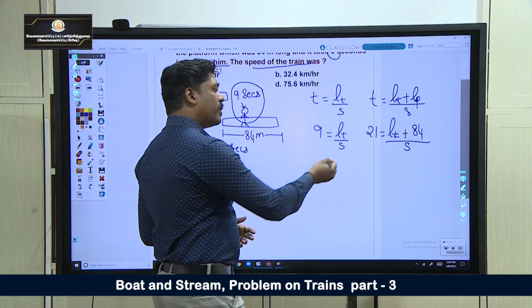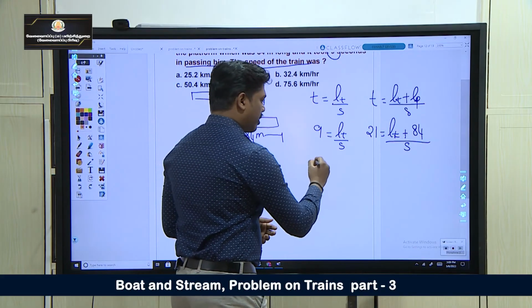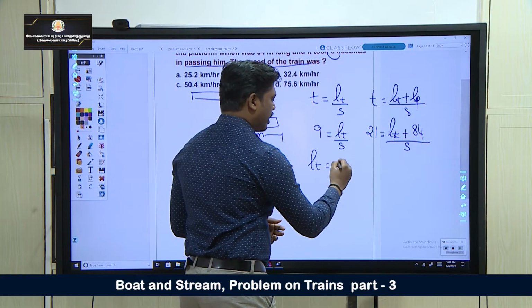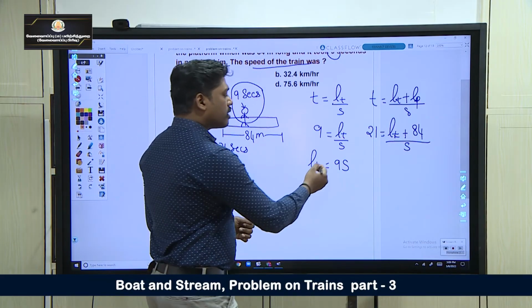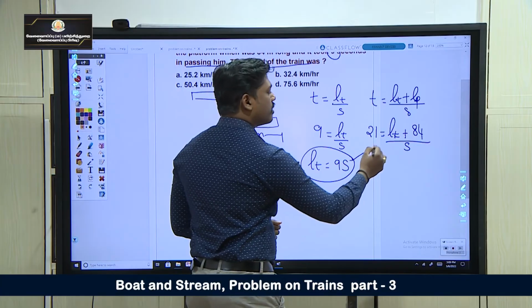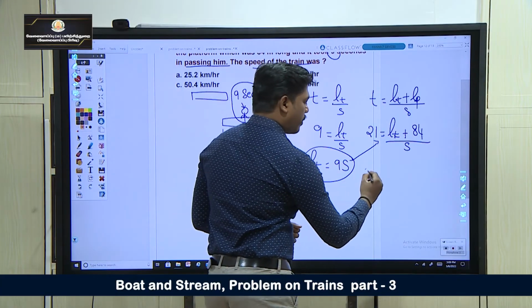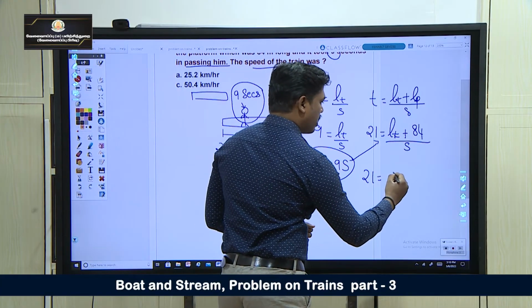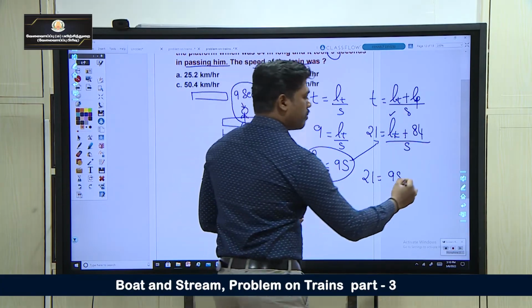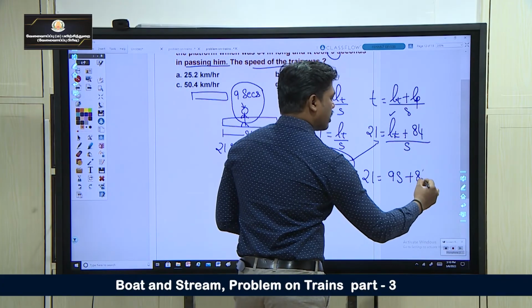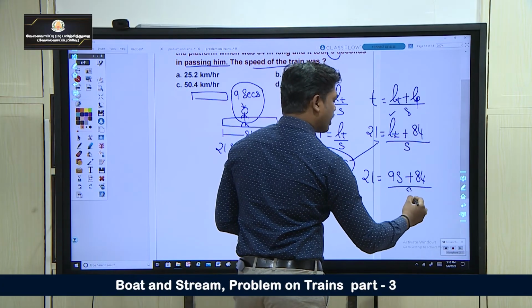So substitute the length of train there. The length of train is 9s. Substitute this length of train here. So 21 is equal to (9s plus 84) divided by s.